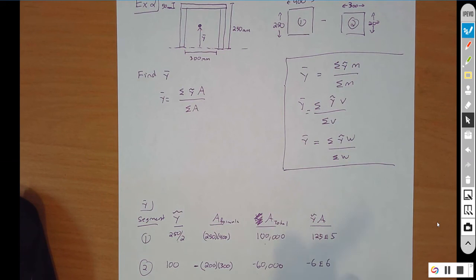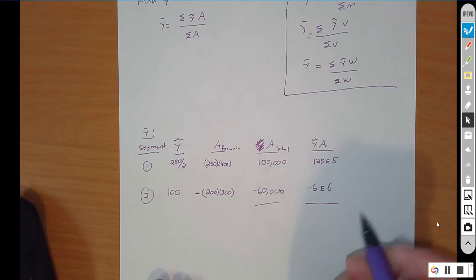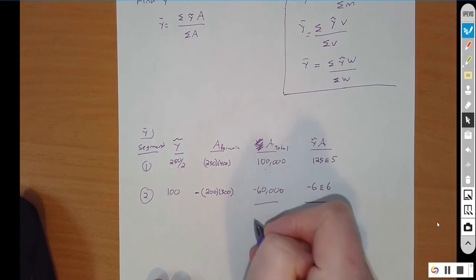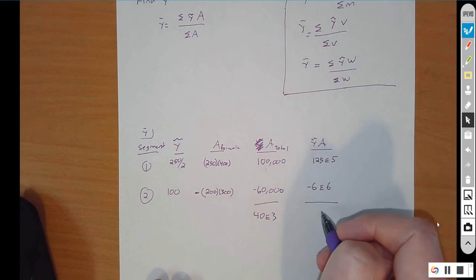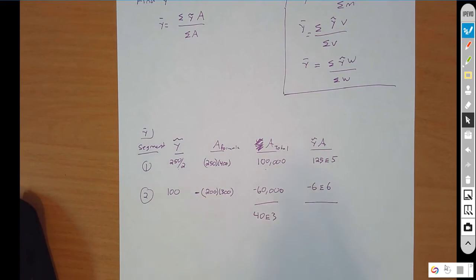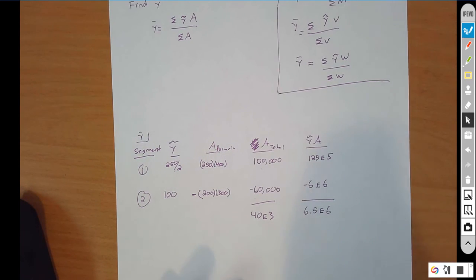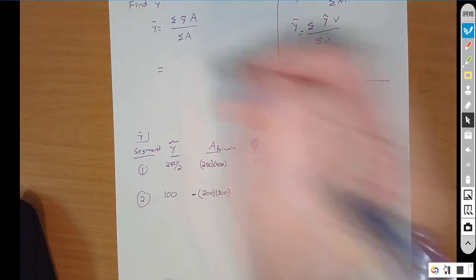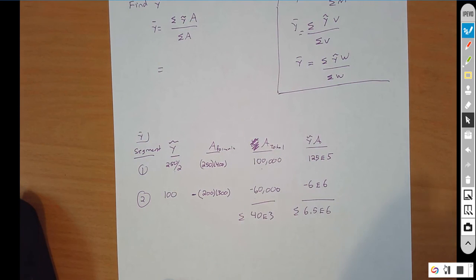Now we total these up. We total up the area and the weighted area. So this becomes 40,000, and this becomes 6.5 E6. Then all we have to do is come back up to our equation and plug in our numbers. This is our summation, and this is our summation.